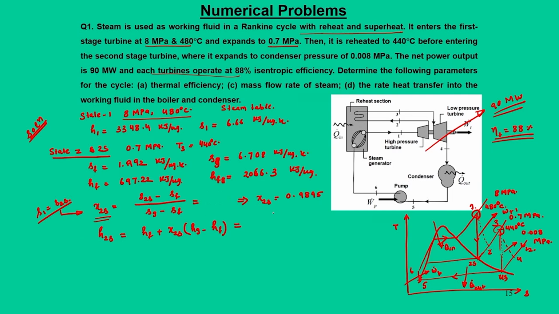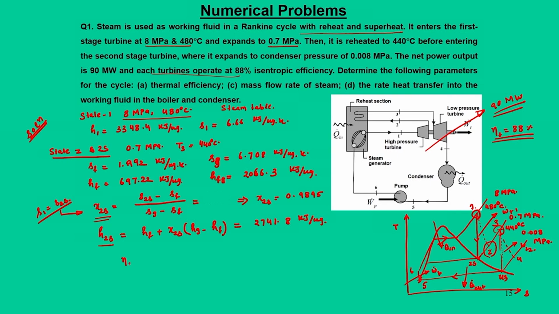Inserting all these numbers, we arrive at the enthalpy at state 2s as 2741.8 kilojoule per kg. Now, to get the information of state 2, we have to rely on the isentropic efficiency of the turbine.